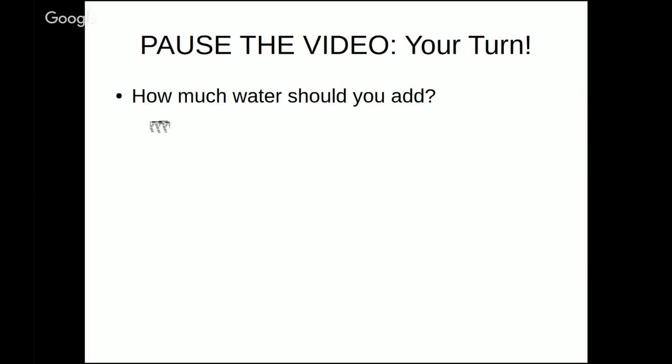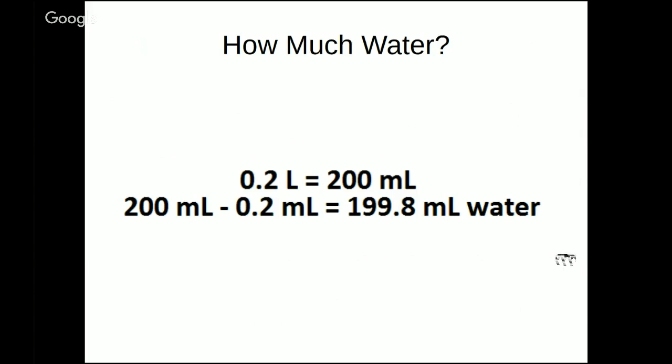All right, so let's see how much water you should add. In your problem, you were asked to make a 200 ml solution, which is the same as 0.2 liters of solution. Now, since you're probably going to measure your stock in either mils or microliters, I recommend that you convert your final volume to either mils or microliters.